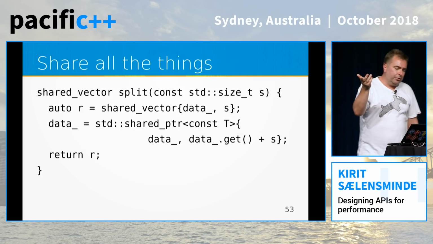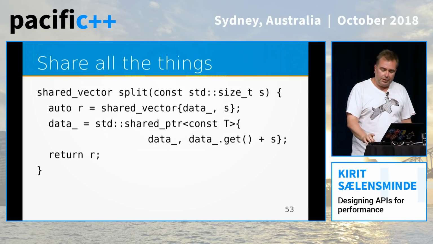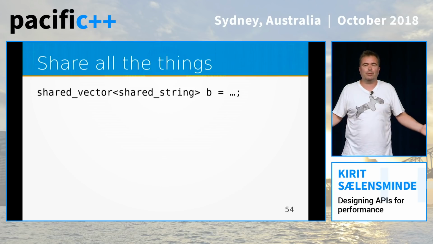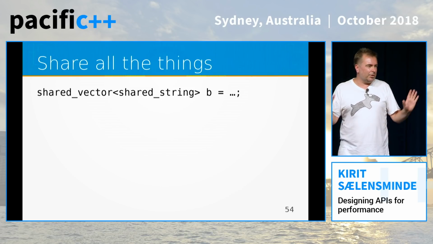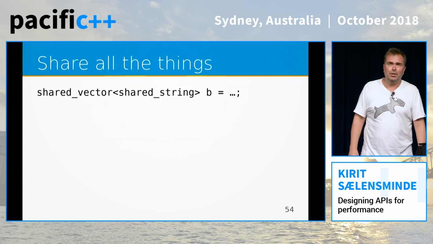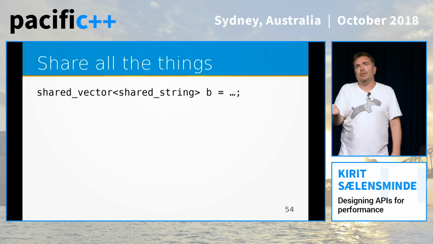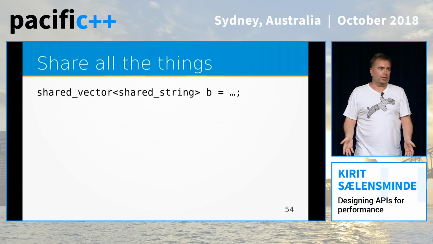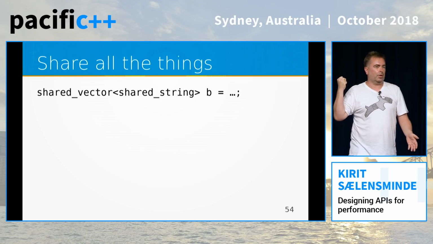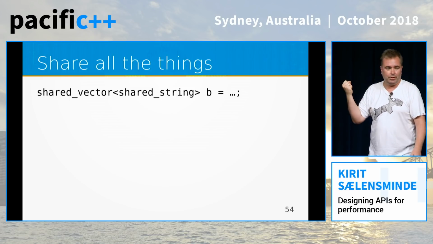And if we had something like this, then our block could just look like this. It's just a shared vector of shared strings. And this is, to me, a much, much neater sort of affair now. And I get another benefit in that if in my processing, I want to actually keep hold of some of these strings, I don't have to pay for an allocation for those either.